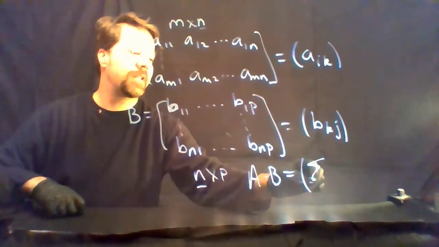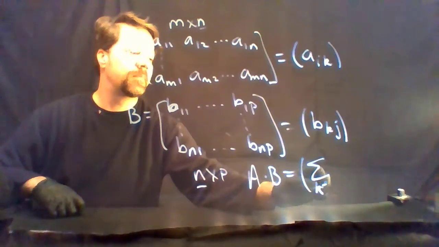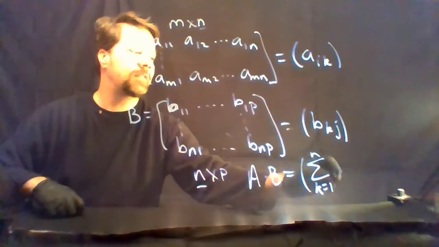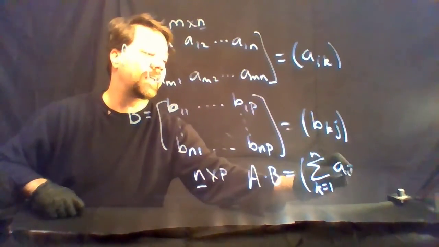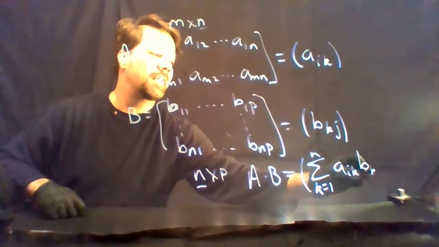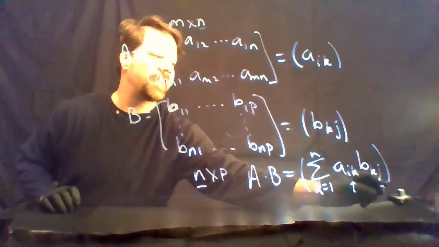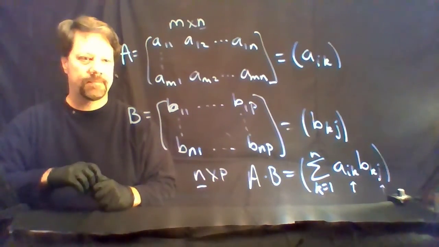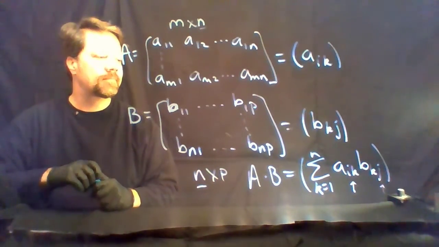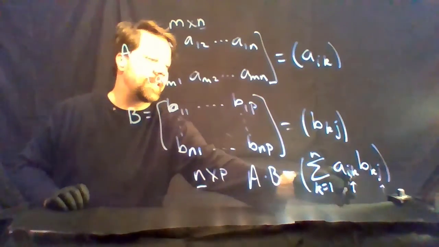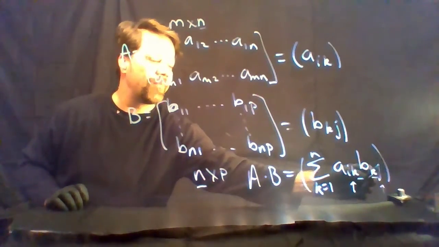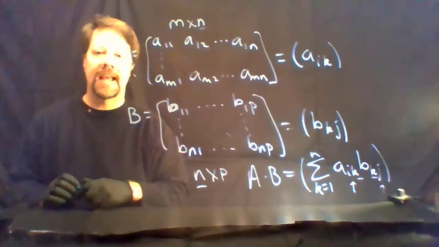It's the matrix with entries the sum, as k goes from 1 to N, of A_ik B_kj. This will give us the ijth entry in the product. Notice that these indices match, and we are summing on that inner index.